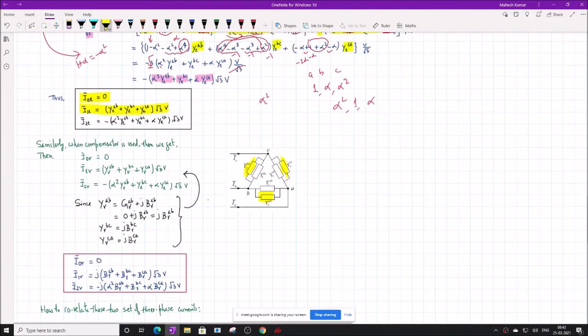So we can similarly write the expression for the compensator currents, accounting the compensator admittances across each load element. So we can write therefore I0 gamma is equal to 0 because it is a 3-phase 3-wire ungrounded system, and I1 gamma will be Y gamma AB plus Y gamma BC plus Y gamma CA into root 3B, similar to this, no change because the structure is the same. And then the next will be here, okay.